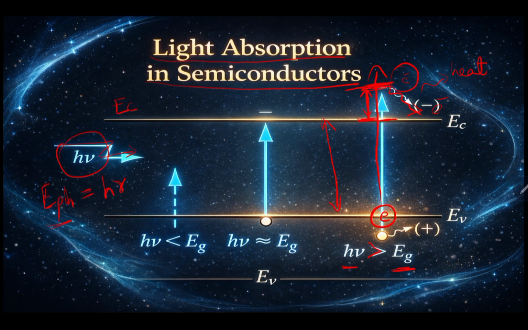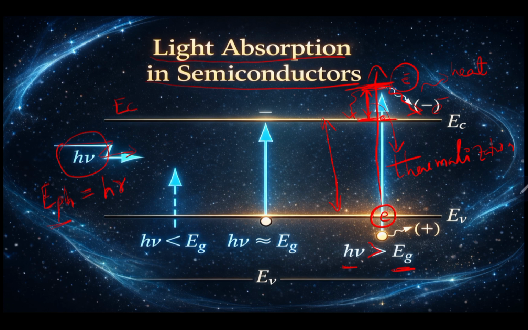This process is called thermalization. The excess energy of the electron, present well above the conduction band edge, relaxes back to the conduction band edge.